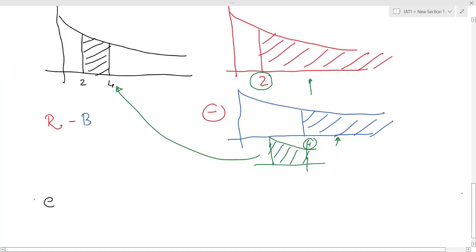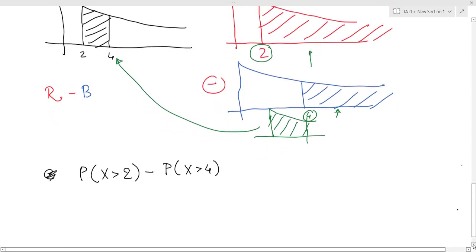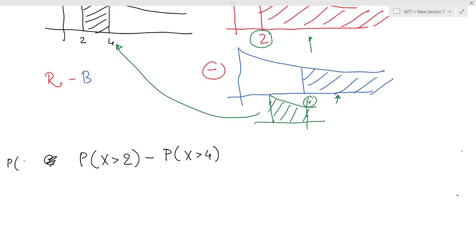So we have to find the probability of X greater than 2, that is the car is manufactured after 2 minutes, and from that subtract the probability of X greater than 4, that is, remove the probability of the car being manufactured after 4 minutes. Then we will be left with the probability of X between 2 and 4.